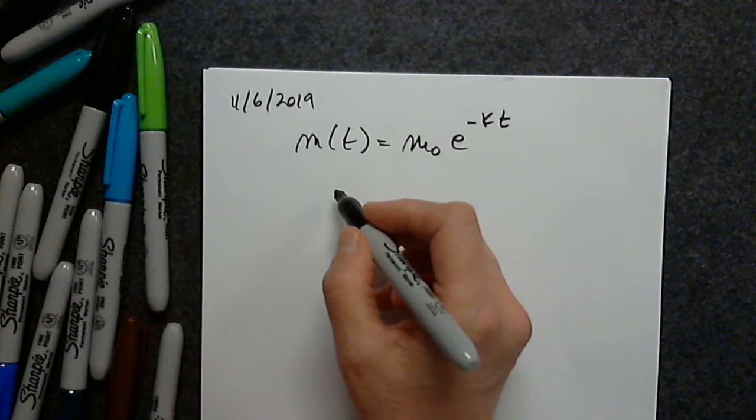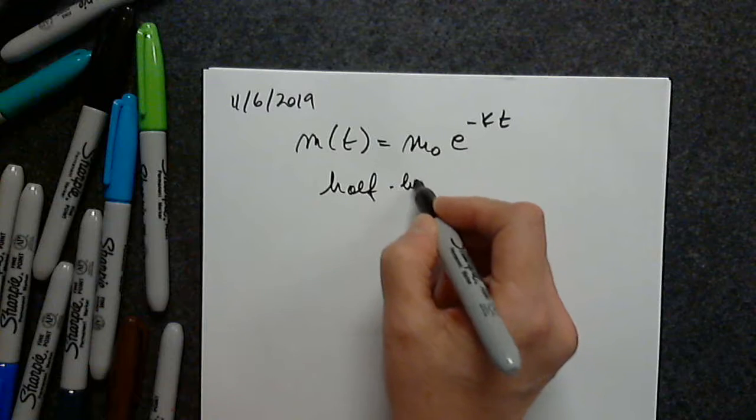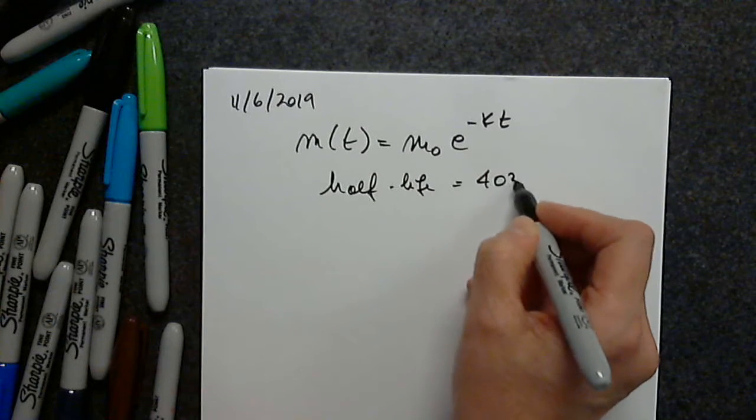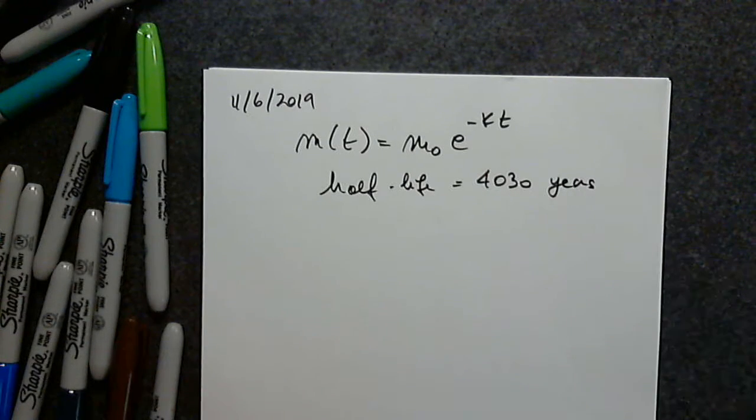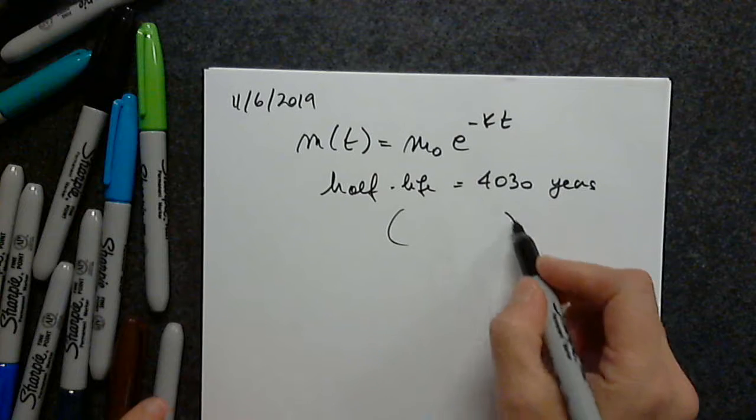We are told that the half-life is 4,030 years. That's all we need, and that's all we know. So if we start with an initial mass of radioactive substance, whatever it is, what happens in 4,030 years? Then it means that we have an ordered pair.